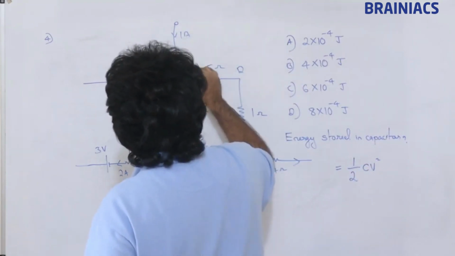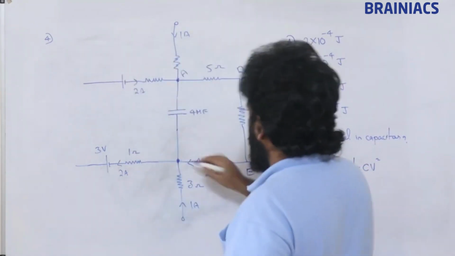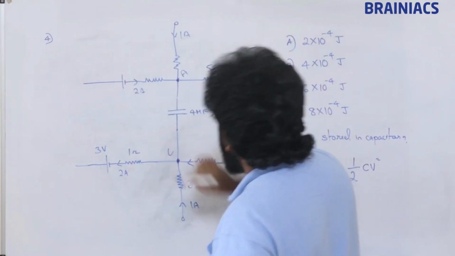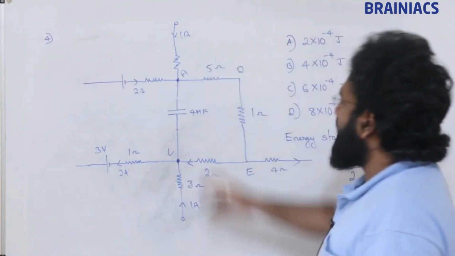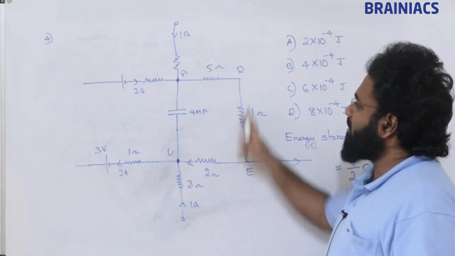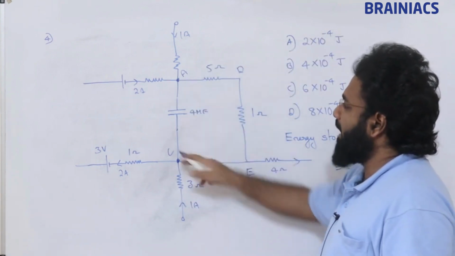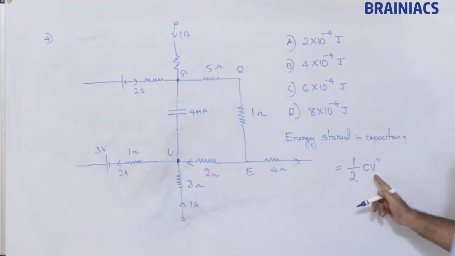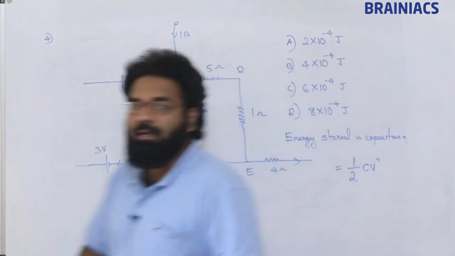Just name this as A and this as C, and then find the potential difference across the terminals A and C. Whatever potential we get, if we substitute here, we will get the answer. Okay, pause the screen and try yourself.